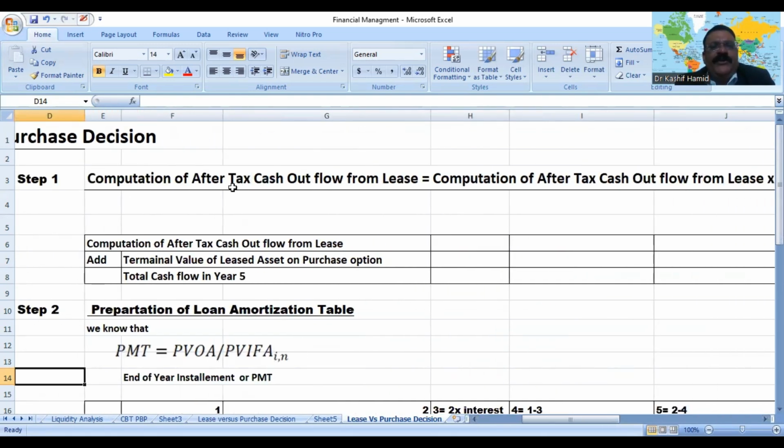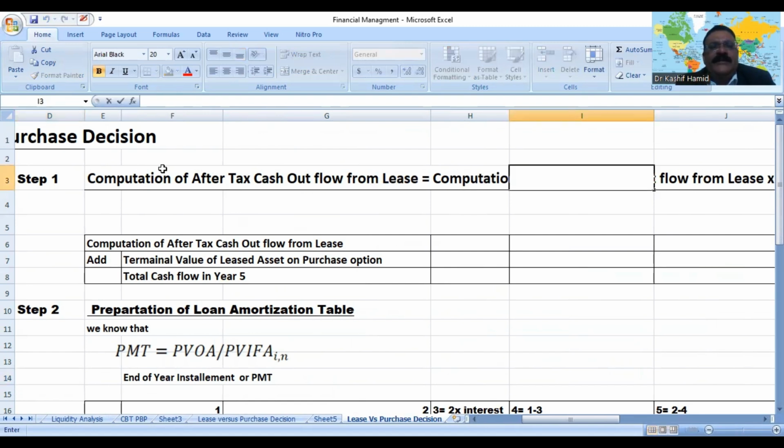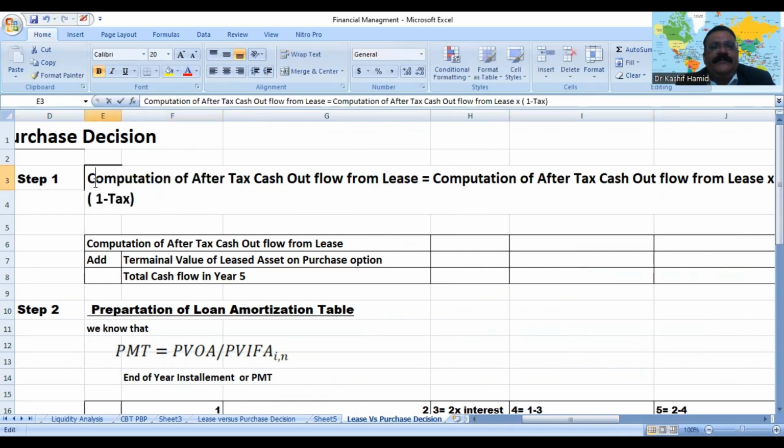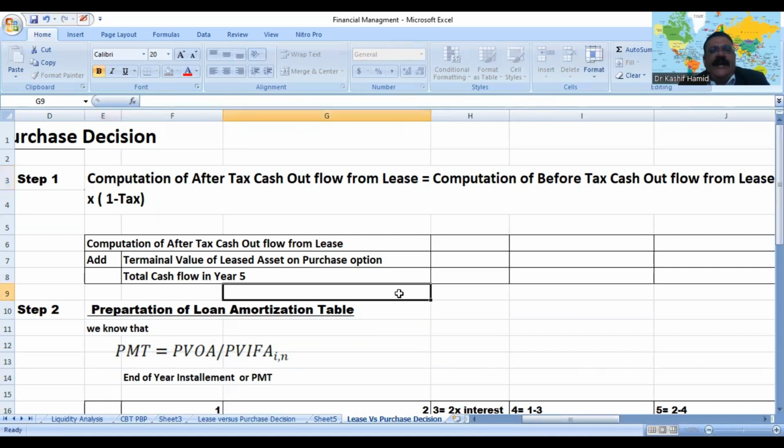Step 1 is computation of after-tax cash flows from lease, which is equal to before-tax cash outflow from lease multiplied by 1 minus tax.